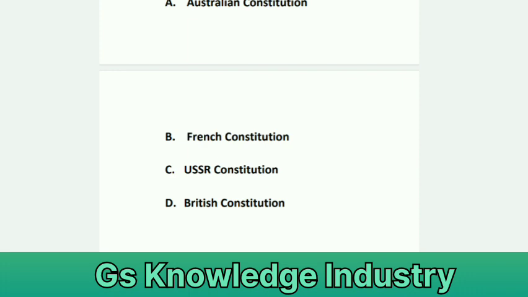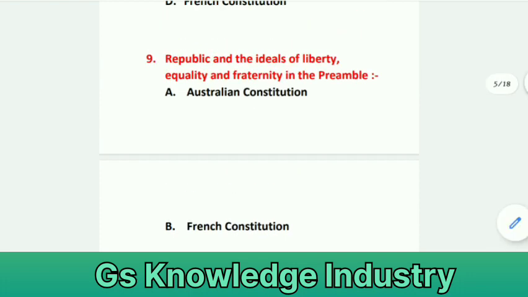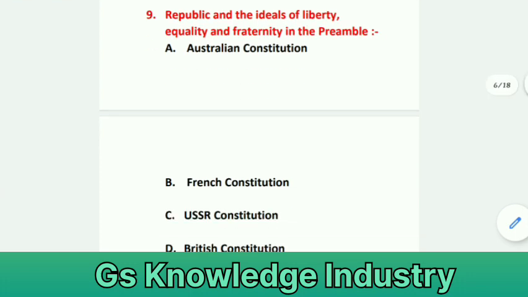Here the right answer is option B. French Constitution. Republic and the ideal of liberty, equality and fraternity in the Preamble. This system has been derived from French Constitution.